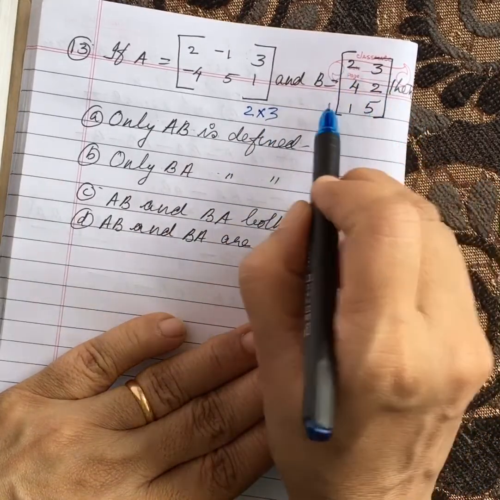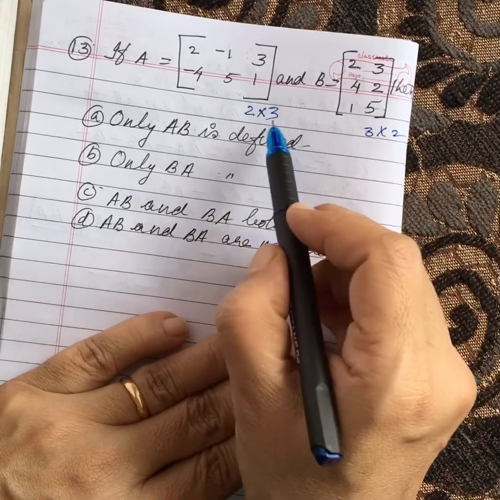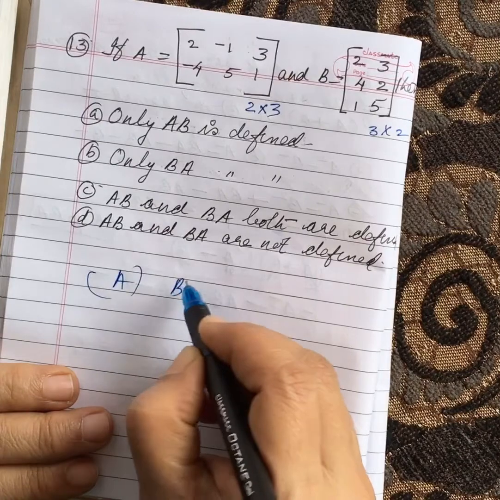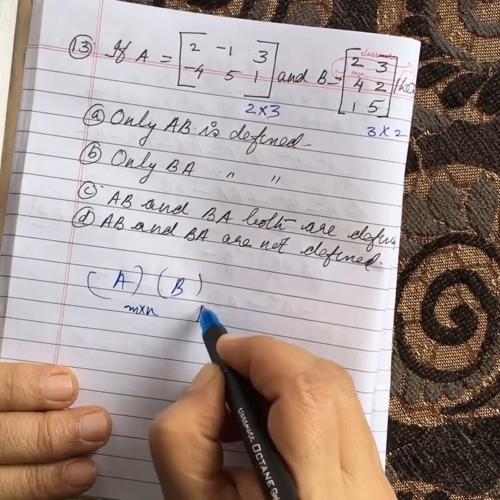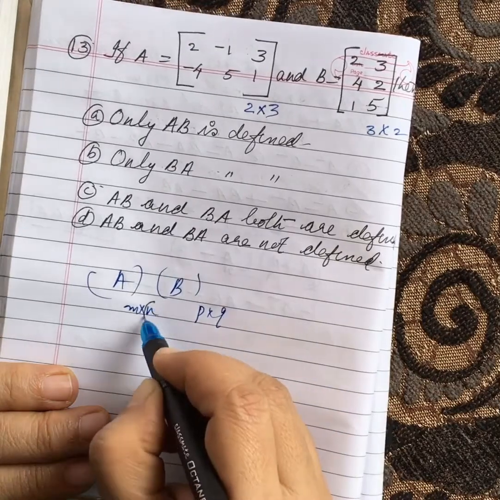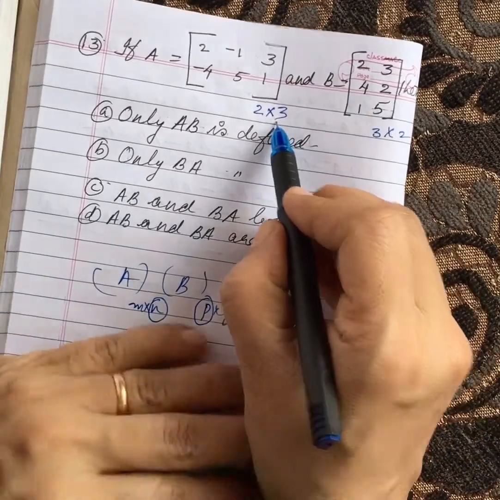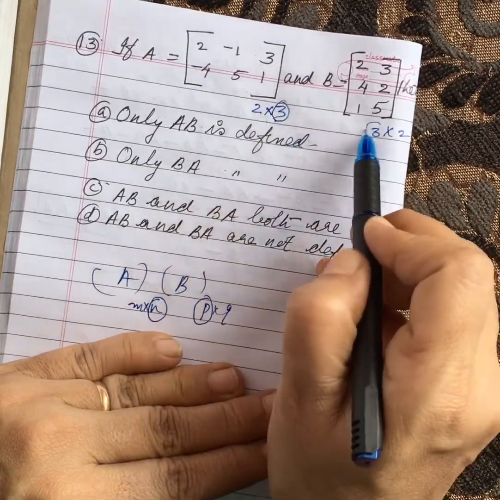Order of B is 3 rows and 2 columns. When A is of order M by N and B is of order P by Q, this multiplication is defined only when N is equal to P. So that is satisfied here. A into B is possible because these 3 and 3 are the same.